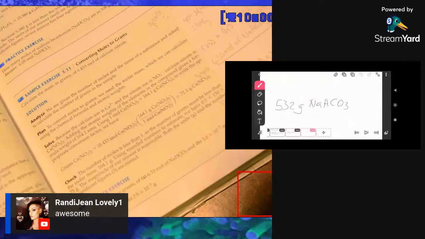Oh, anyways, yeah. So when you plug it into the calculator, you're going to get 532 grams of sodium HCO3, sodium bicarbonate. All right, there you go.